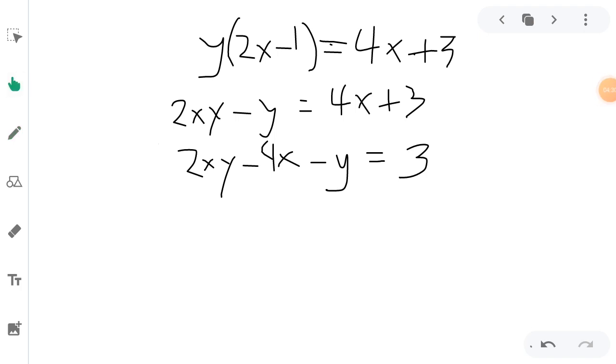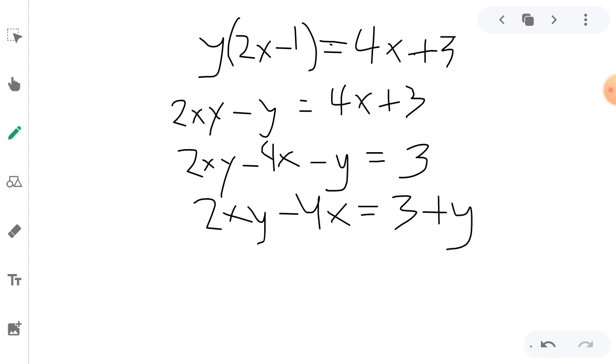After transposing the 4x to the left side, next step naman natin is to transpose the negative y to the right side. So 2xy minus 4x is equal to 3 plus y. Kung napapansin natin, nasa left side na ang ating 2x. Yung dalawang x natin ay nandun na sa left side.